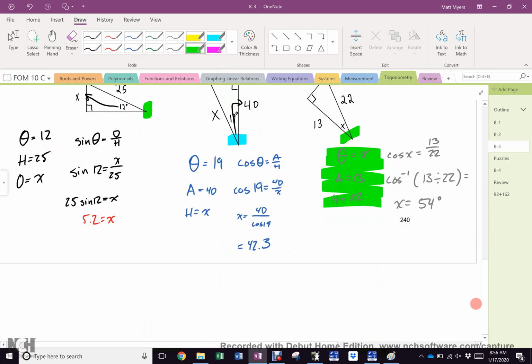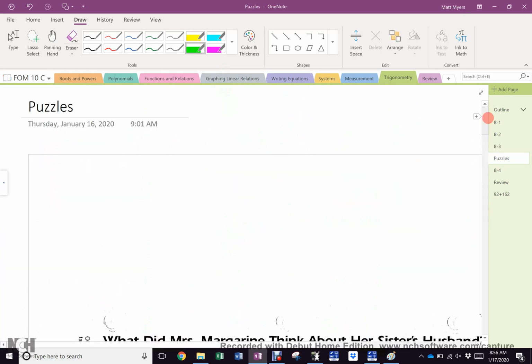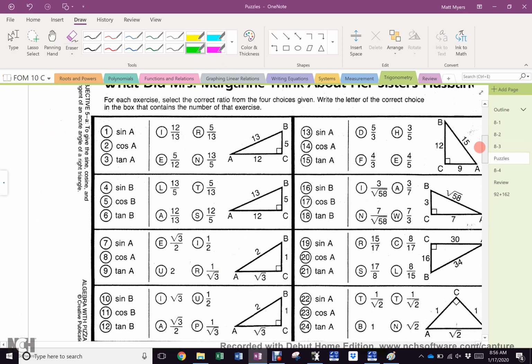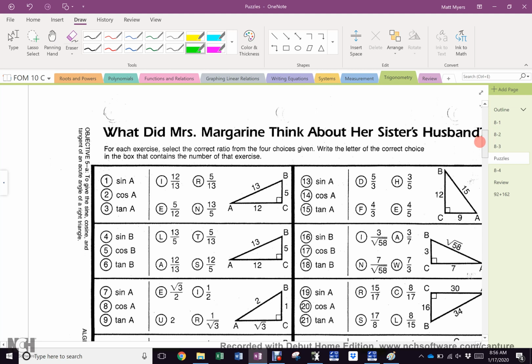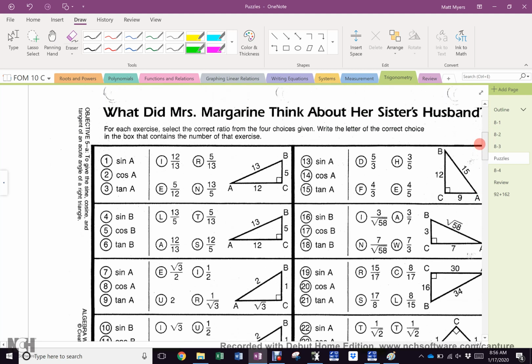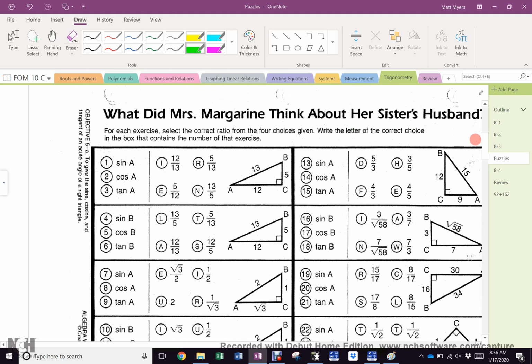Now, you will notice on the next 3 pages of your book are some of these puzzle sheets. All right? That's what you're going to work on for the rest of today and on Monday when you finish your test early, because you all will.